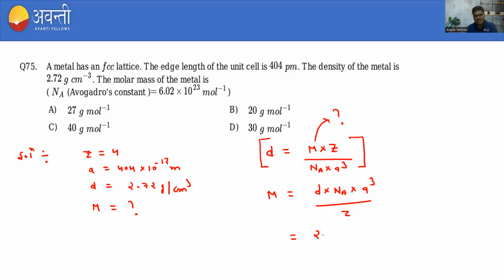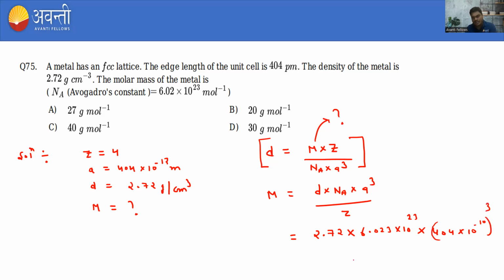The density is given, that is 2.72. Na is given, that is 6.023 into 10 raised to the power 23, the Avogadro number. Now edge length is also given, that is 404, and convert this into centimeter because density is in centimeter, so 10 raised to the power minus 10 and whole cube, right?